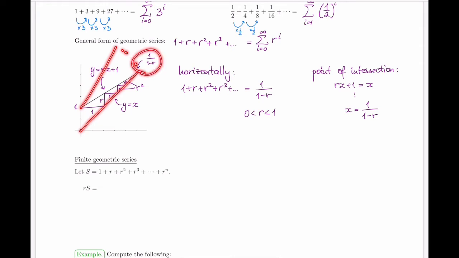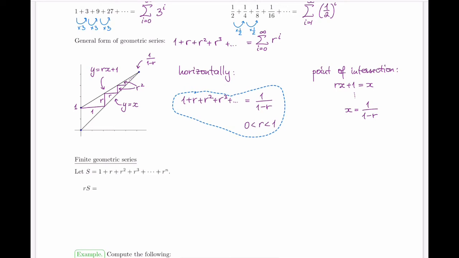So I'm never going to have that point of intersection in the first place. Purely algebraically, looking at this expression here, I can see that r cannot be equal to 1 because otherwise I will be dividing by 0. But it is not actually clear why r has to be less than 1. It could be bigger than 1 after all. It's only the geometric picture that actually provides that kind of justification. Okay, but overall, this is now the formula that I have for actually computing the sum of geometric series.